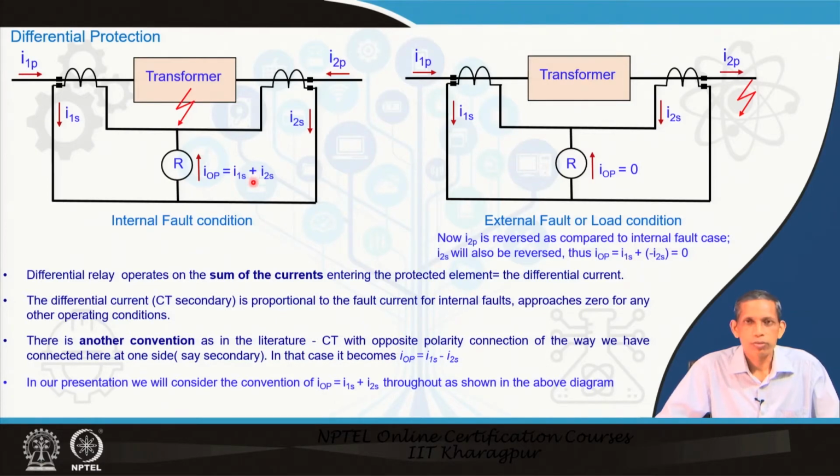Many books and literature go for that approach, but it does not conflict with the protection philosophy in general. However, the approach described here will be followed throughout: I operating equals I1s plus I2s.